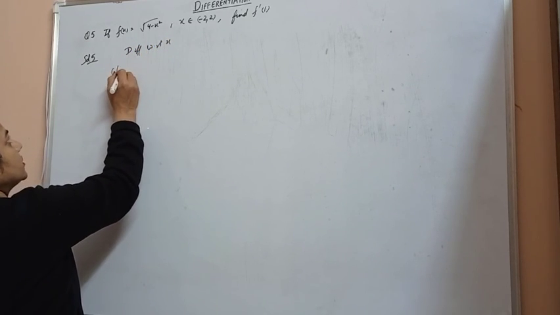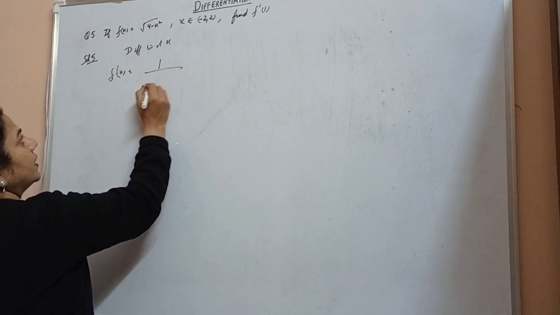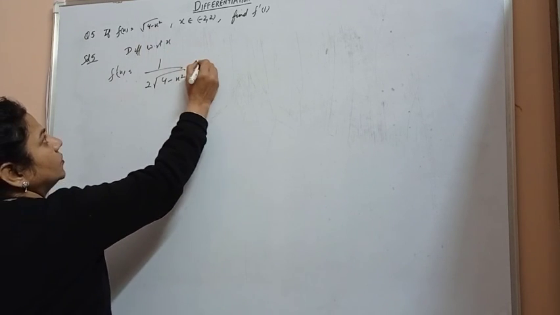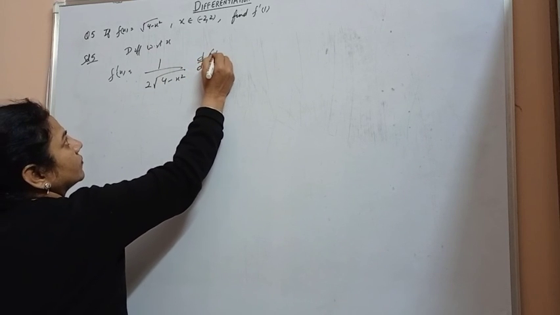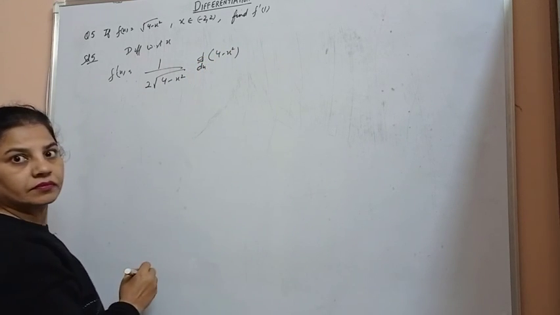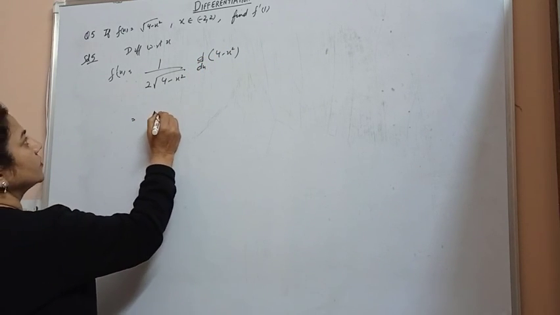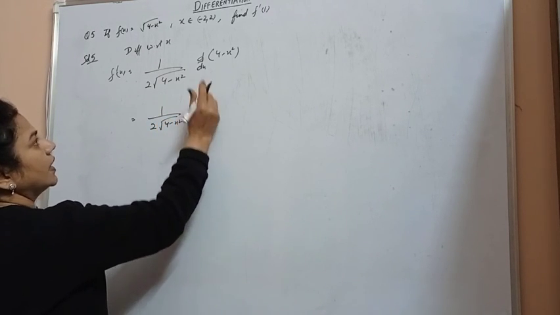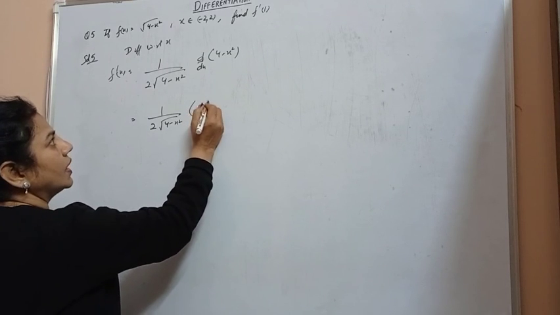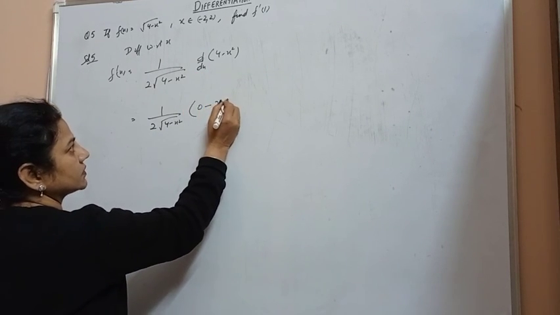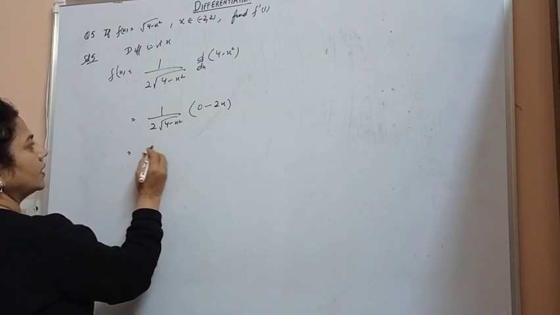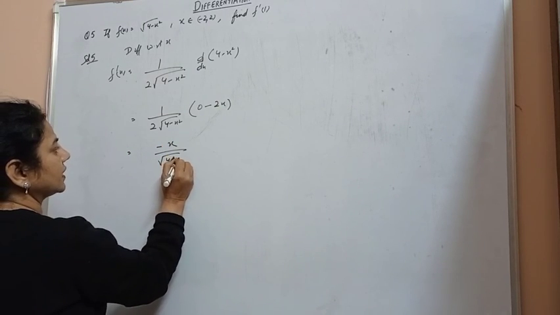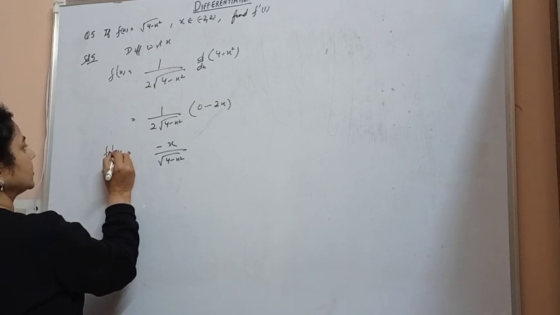I get f dash x is equal to 1 upon 2 under root of 4 minus x square into derivative of 4 minus x square. The derivative of 4 is 0 and of x square is 2x, so minus 2x. This 2 and this 2 cancel out. I get minus x upon under root 4 minus x square as my f dash x.